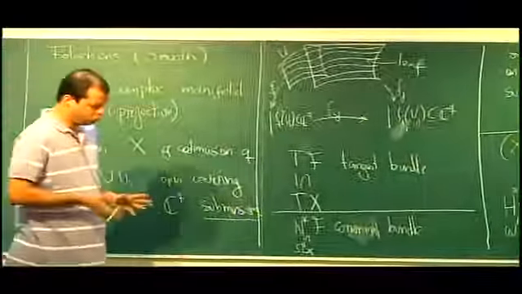So instead of starting with a tangent subbundle, we start with a singular foliation. Instead, we start with a subsheaf of the tangent sheaf.